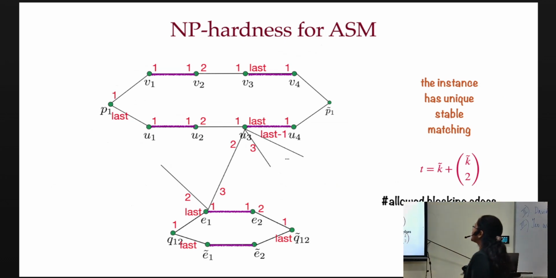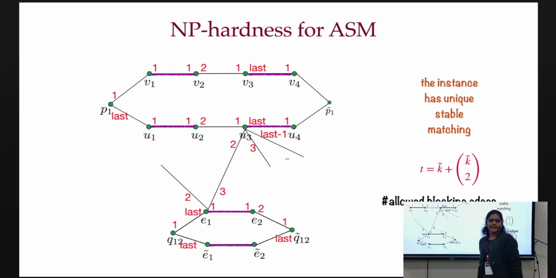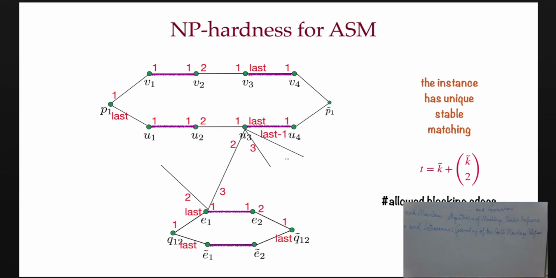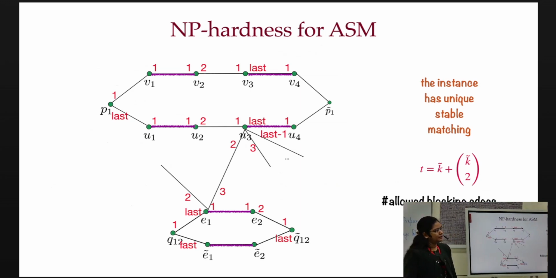Unsaturated vertices are these Pi and Pi tilde, and these Qij and Qij tilde. These Pi's I have corresponding to every vertex class, and Qij, how many Qij's do I have? K tilde choose 2. So all these are unsaturated.